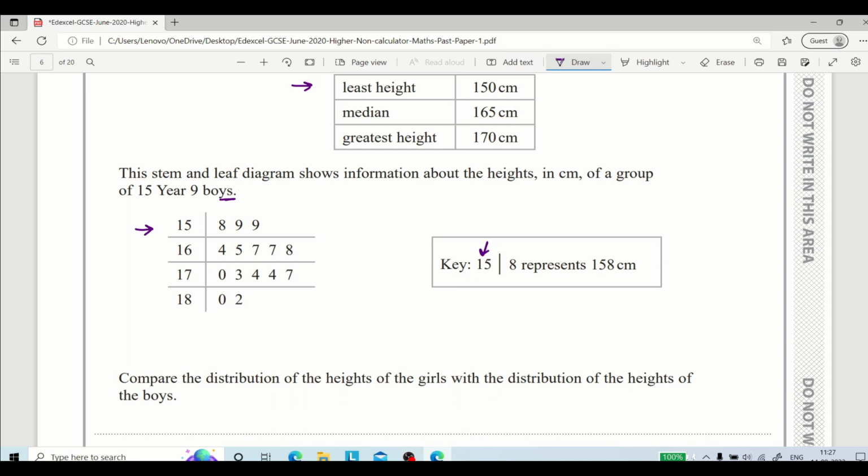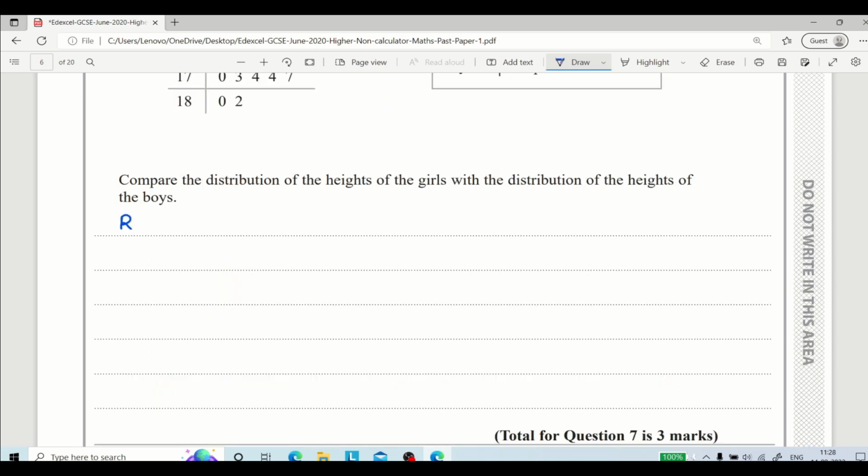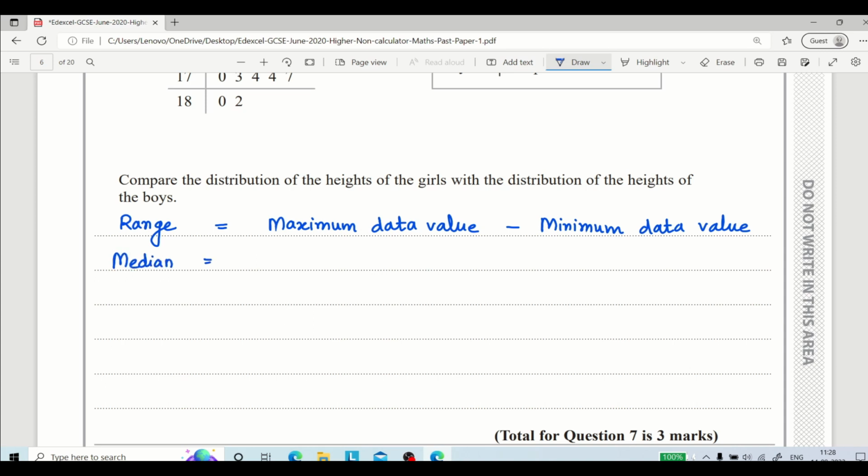Using the range and the median values, we will be able to compare it. So range is basically the difference between the maximum data value and the minimum data value. And median. There are two steps in median.